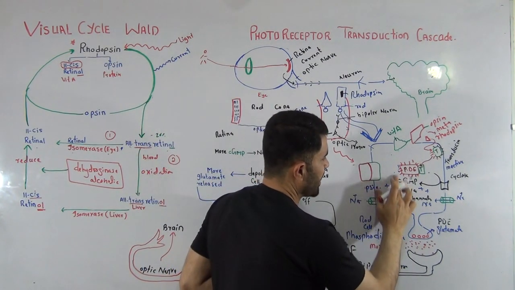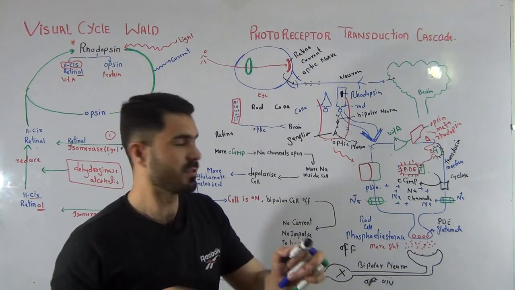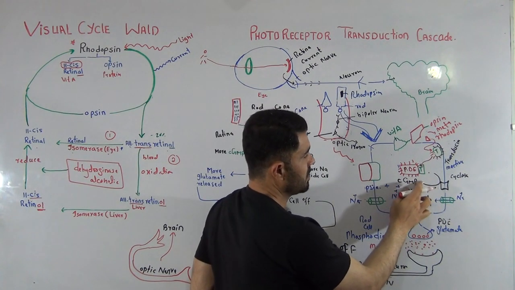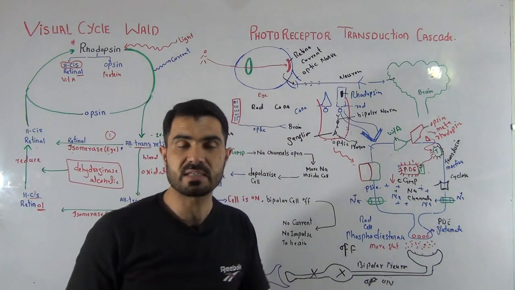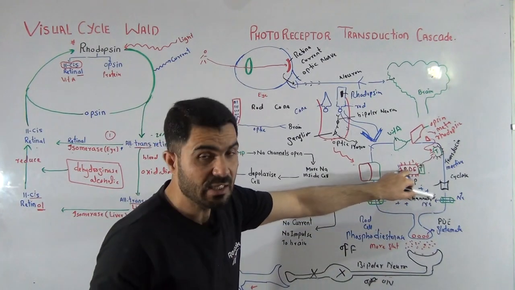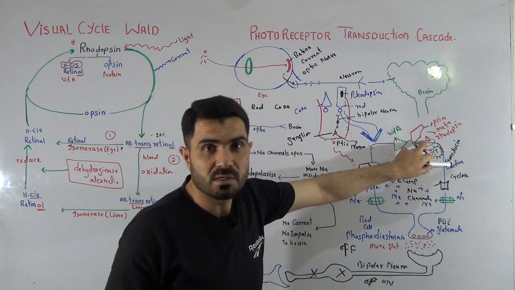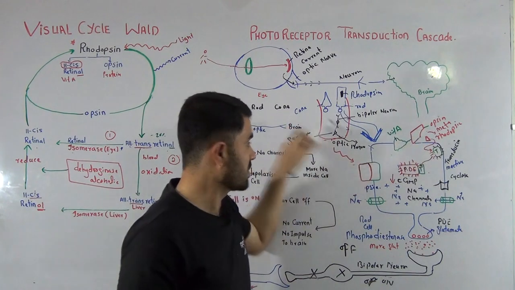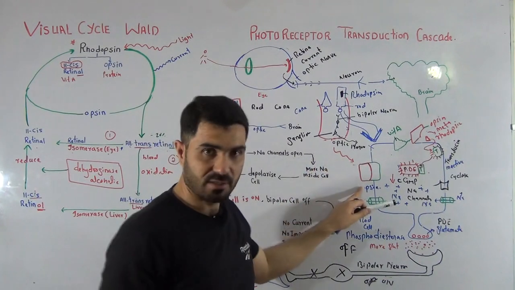Once this phosphodiesterase is activated, it will start decomposing these cyclic GMP. As a result, the cyclic GMP level will be decreased, because of PDE enzyme, because of transducin, because of segment removal, because of light. So the whole cause behind everything is the light.